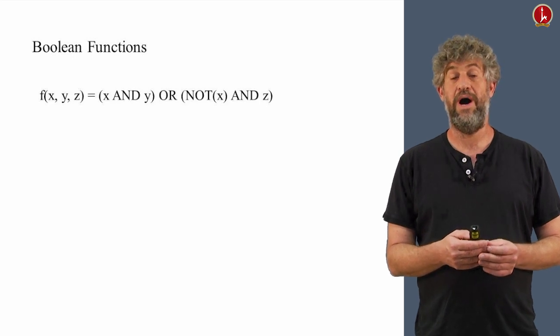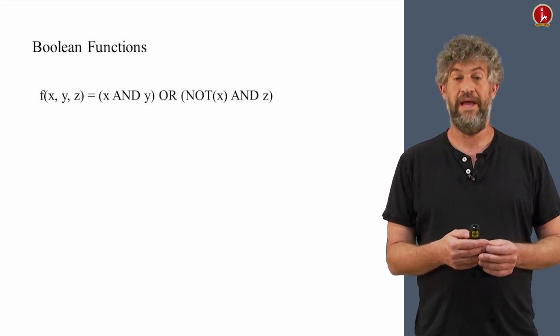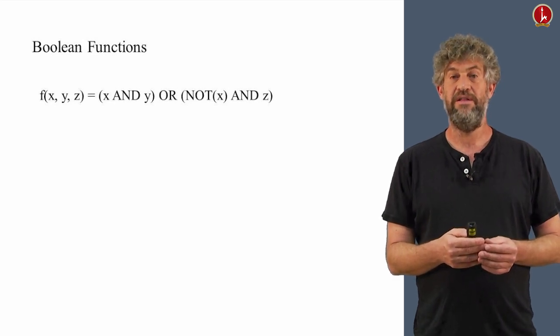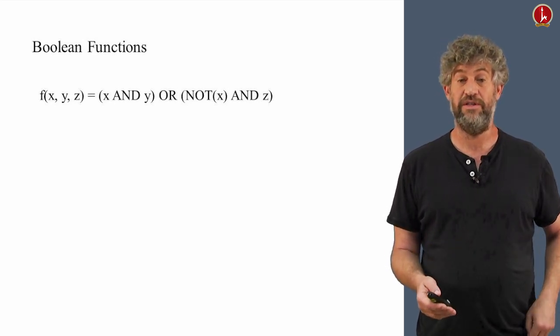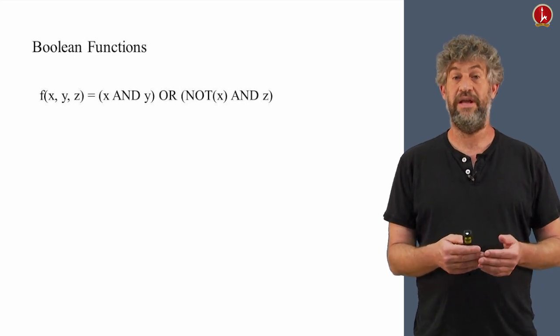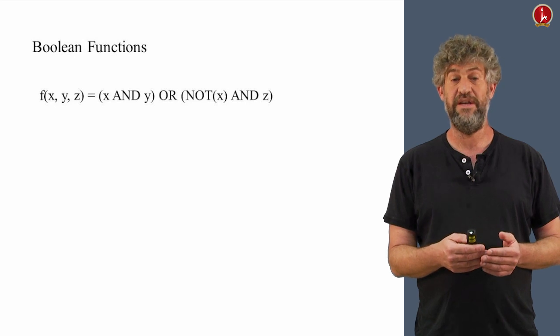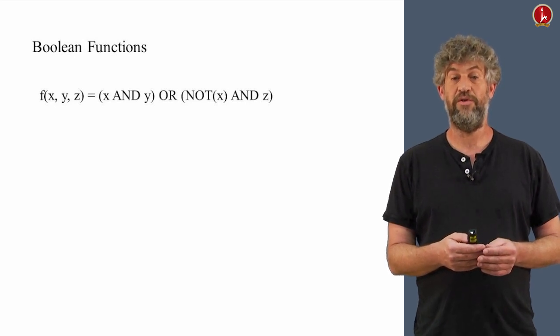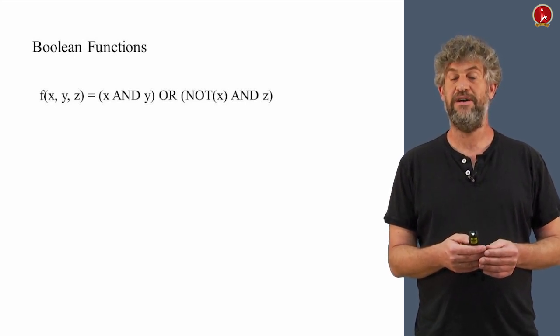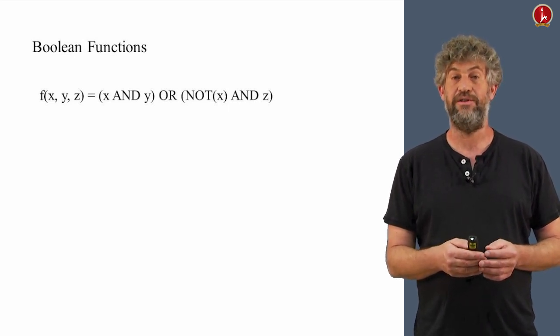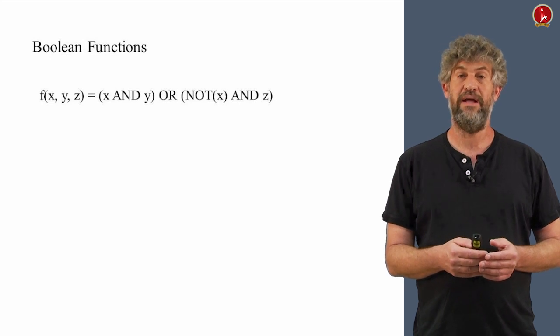Now, once we know how to evaluate Boolean expressions over 0, 1 values, then we can actually get general expressions, general functions that take indeterminates x, y, z as inputs, and for each value of x, y, z, produce an output. So for example, I can define a function of three inputs, x, y, and z, that basically computes (x and y) or (not x and z).